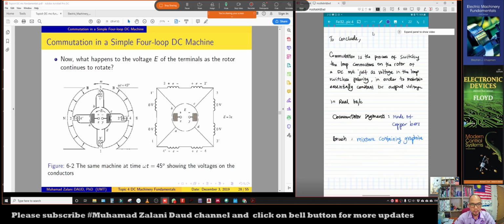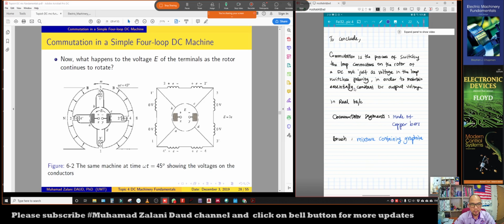So okay, to conclude, commutation is the process of switching the loop connections on the rotor of the DC machine just as the voltage in the loop switches polarity, in order to maintain an essentially constant DC output voltage. In a real DC machine, the commutation process takes place to change the polarity inside the machine. What we can see inside the machine is basically a sinusoidal waveform, which is alternating current.